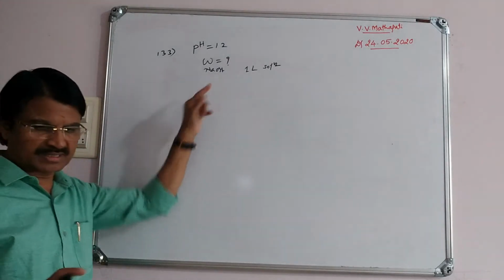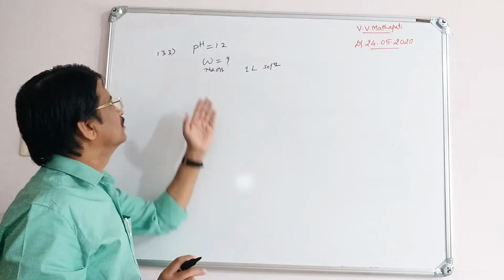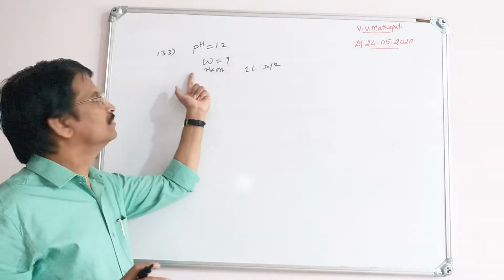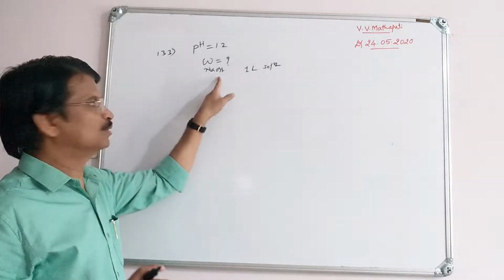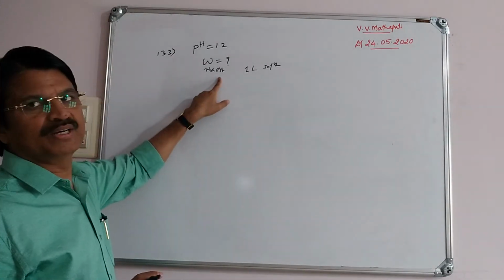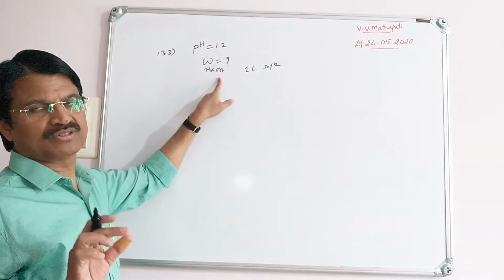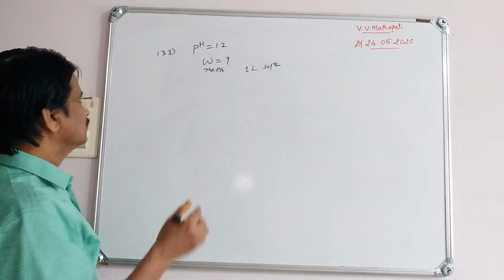Even in the last videos I told, if it is a basic solution, then first you find the OH ion, then pOH, finally pH.